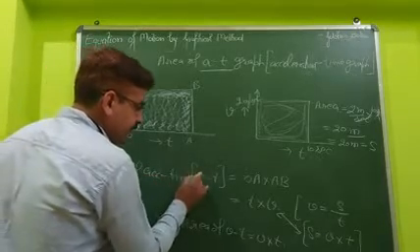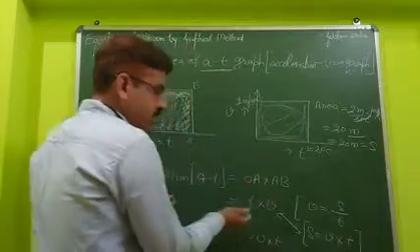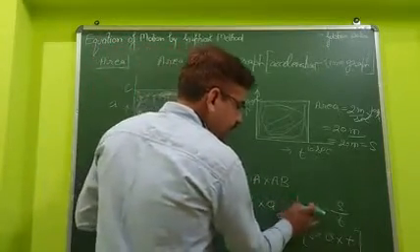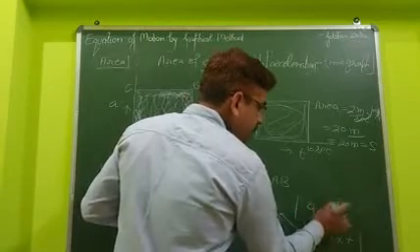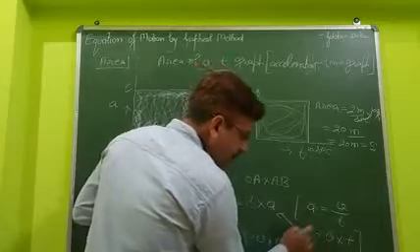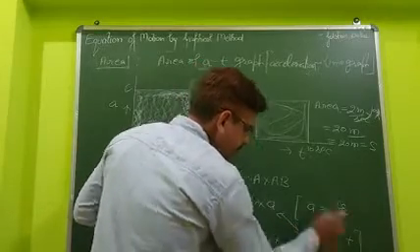So replace, again the same formula is there, but here we have to write A, and acceleration is equal to velocity over time. So what is the formula for velocity? Velocity is equal to acceleration into time.